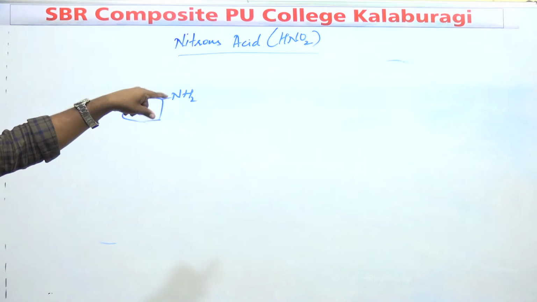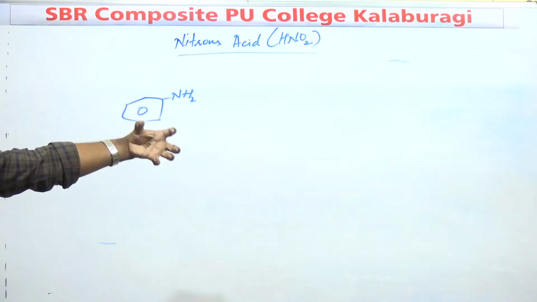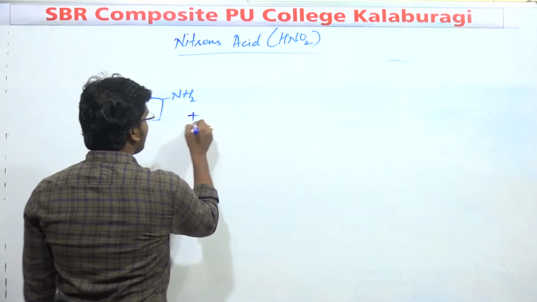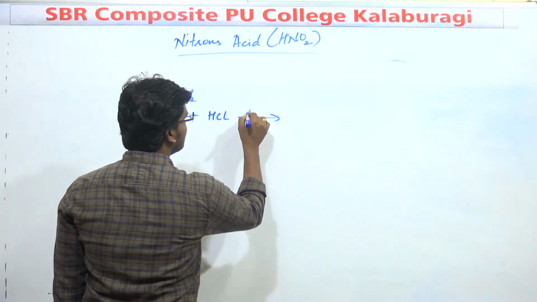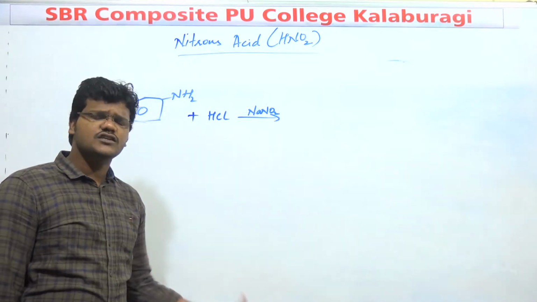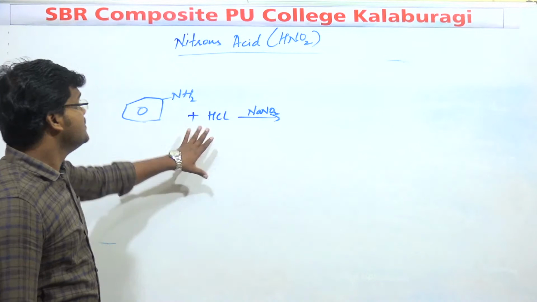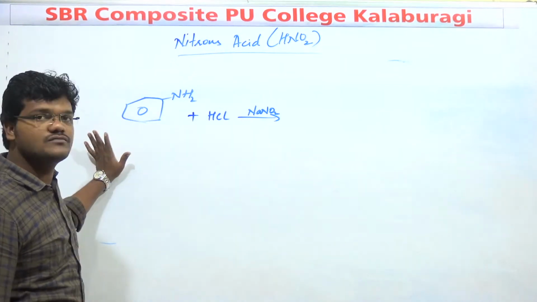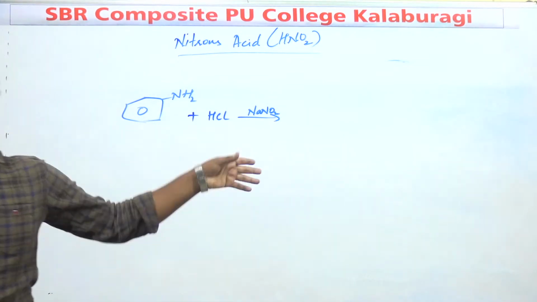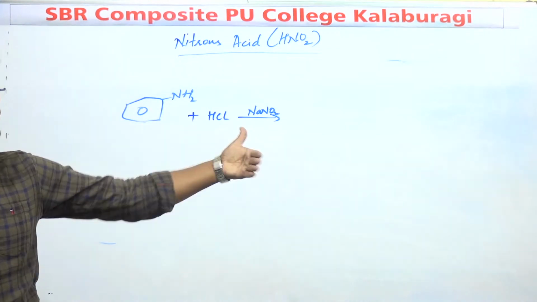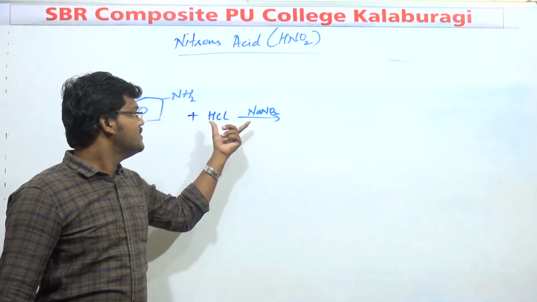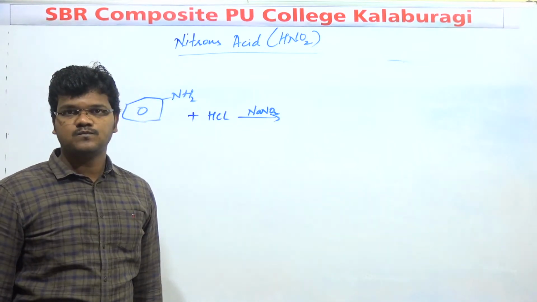For a primary aromatic amine, it is prepared in situ. Instead of HNO2, I will add HCl and NaNO2, because HNO2 is unstable. So these two will give you HNO2, which is HONO.